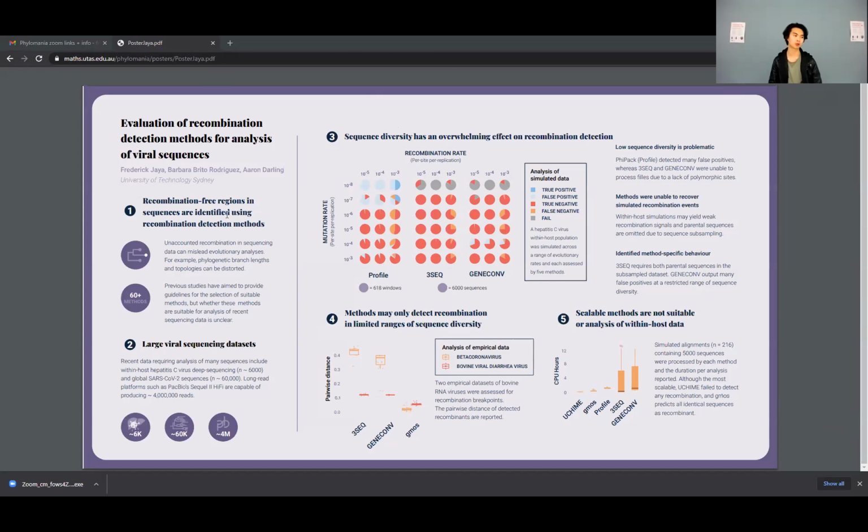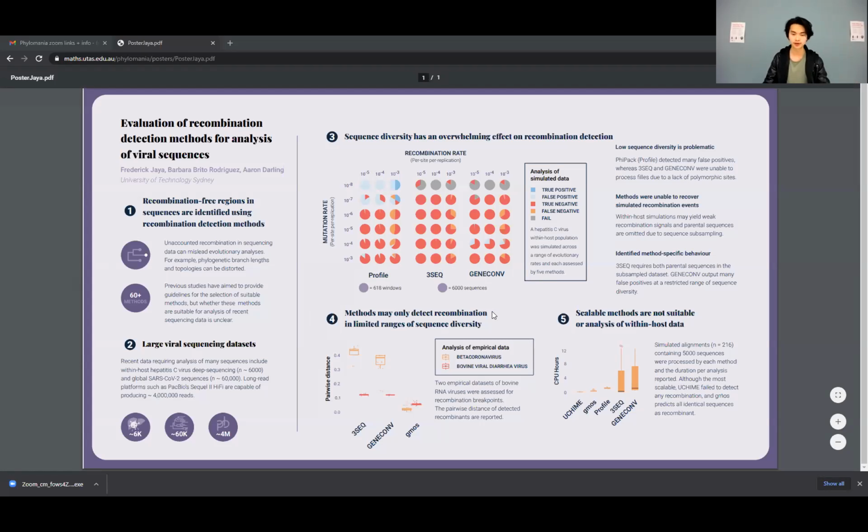So we were looking at ones that were potentially scalable. The big criteria for that was that you can incorporate them into a pipeline like Nextflow or Snakemake. So Unix friendly, not a GUI. RDP4 is a GUI. I tried running it with Wine, and I'm not gonna lie, it's a nightmare. But 3seq and GeneConf are two of, I think, the 7 algorithms in RDP4.